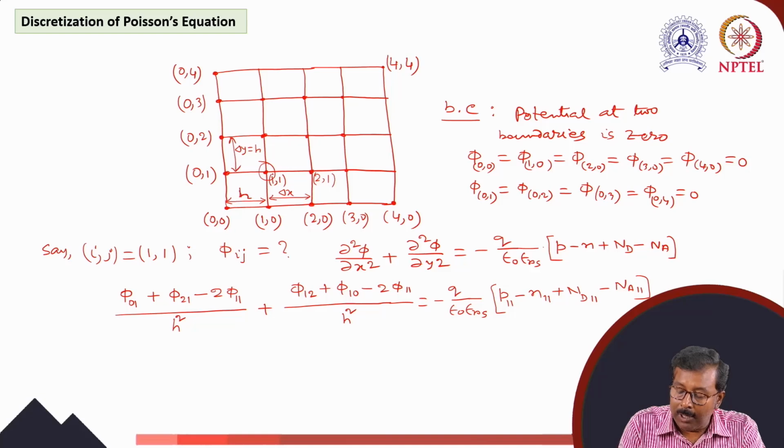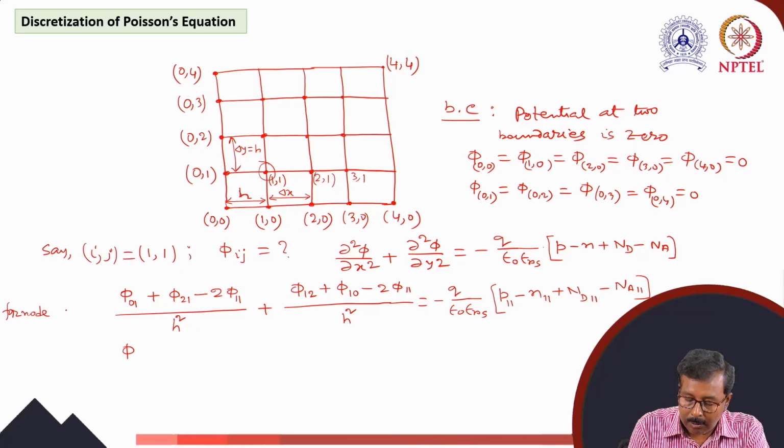So phi 1 1 plus phi 3 1, for node 1 comma 1.